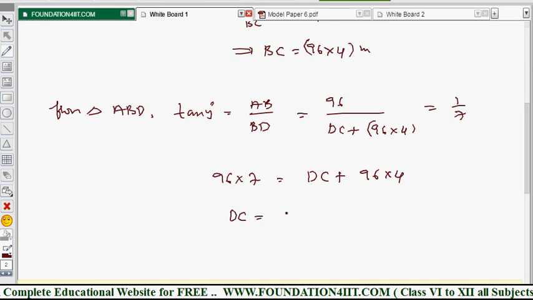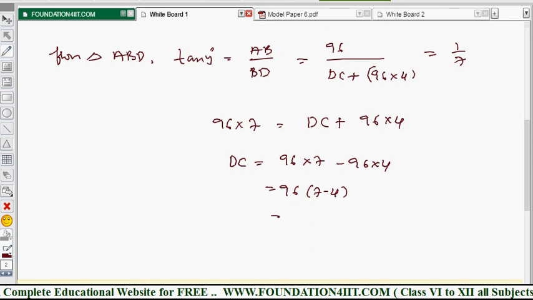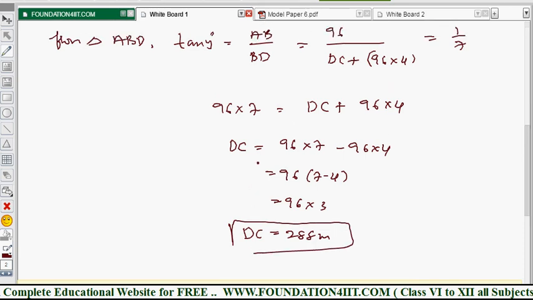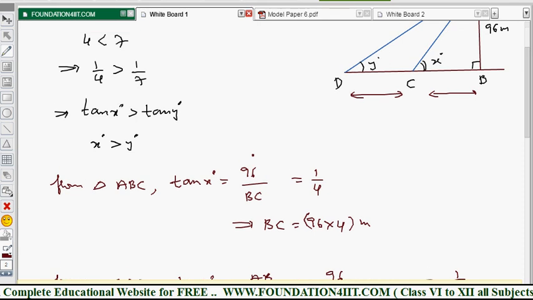So DC is equal to 96 into 7 minus 96 into 4. 96 common, 7 minus 4 is 3. 96 into 3 is 288 meters. That is the distance between the two vehicles. There it is, 288 meters, right? The distance between the two vehicles is 288 meters. Simple sum.